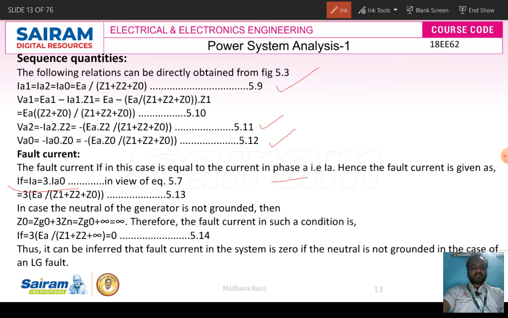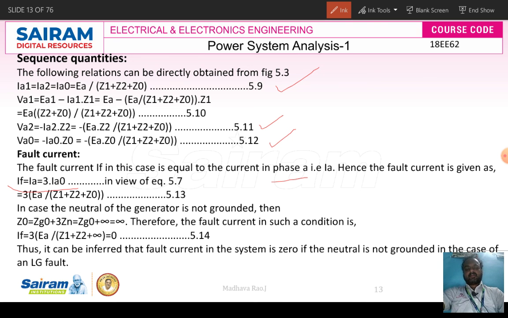Okay. So in case the neutral of the generator is not grounded, so in case there is no neutral grounding, the zero sequence impedance Z0 is equal to infinity. So with Z0 equal to infinity, the fault current is equal to 0, since anything divided by infinity is equal to 0.